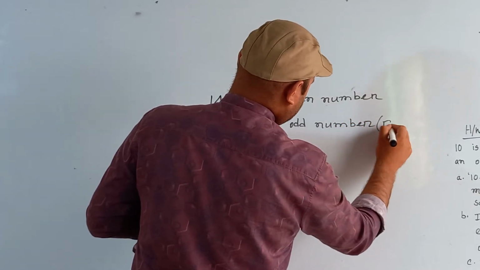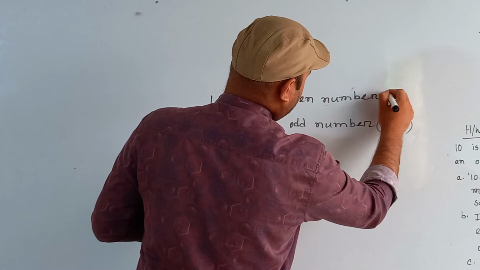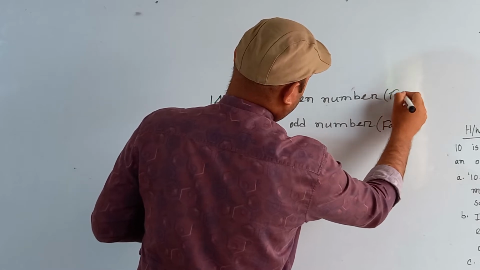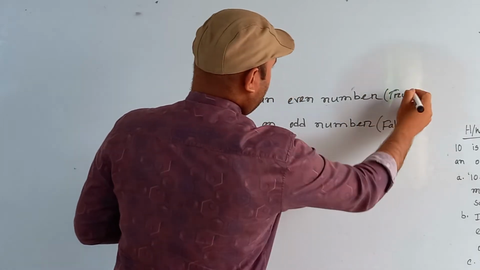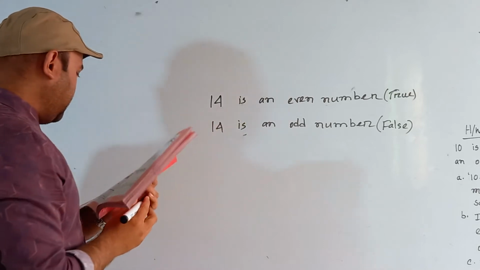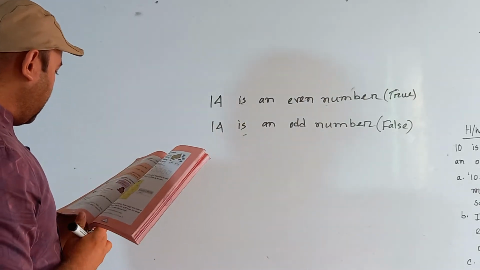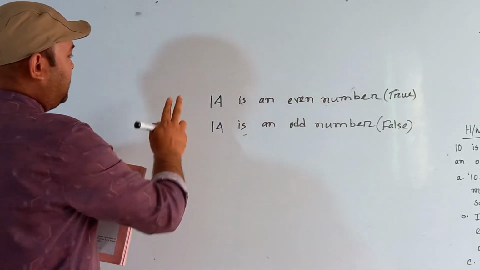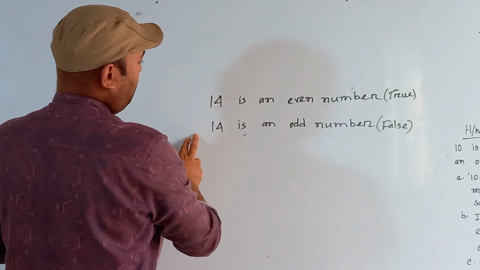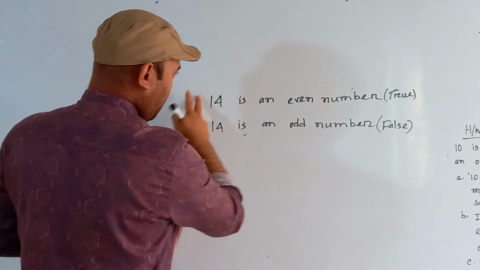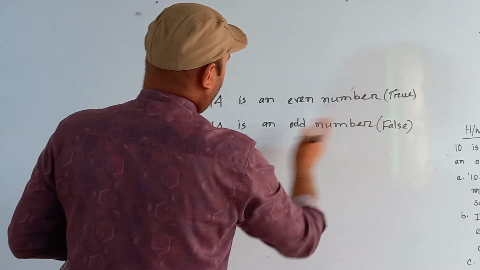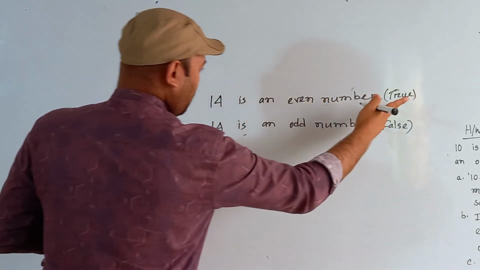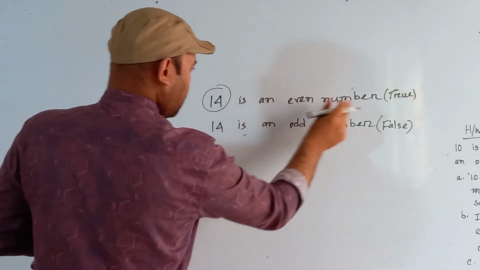This is true and this is false. So in a mathematical sentence, if we can determine whether it is true or false, look here, 14 is an even number, we know this is true.